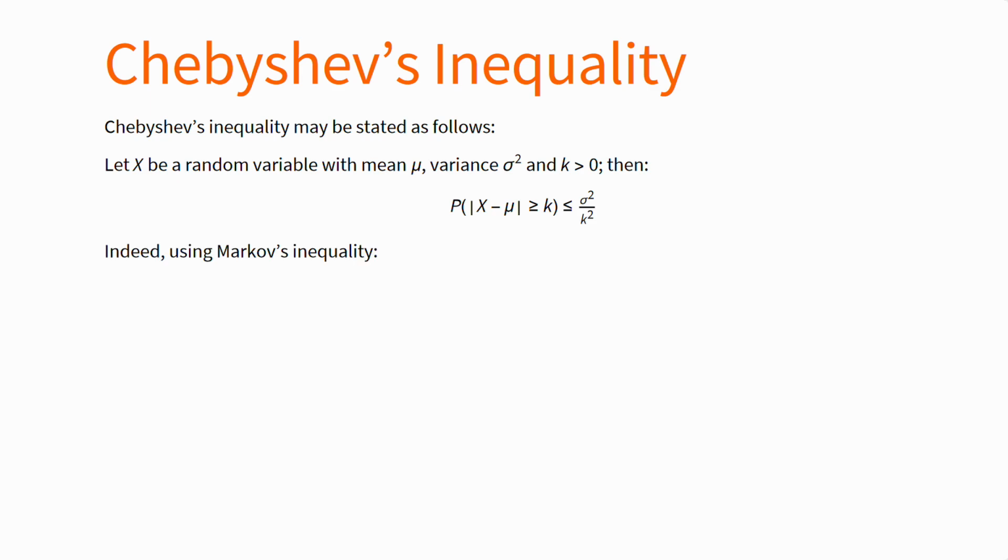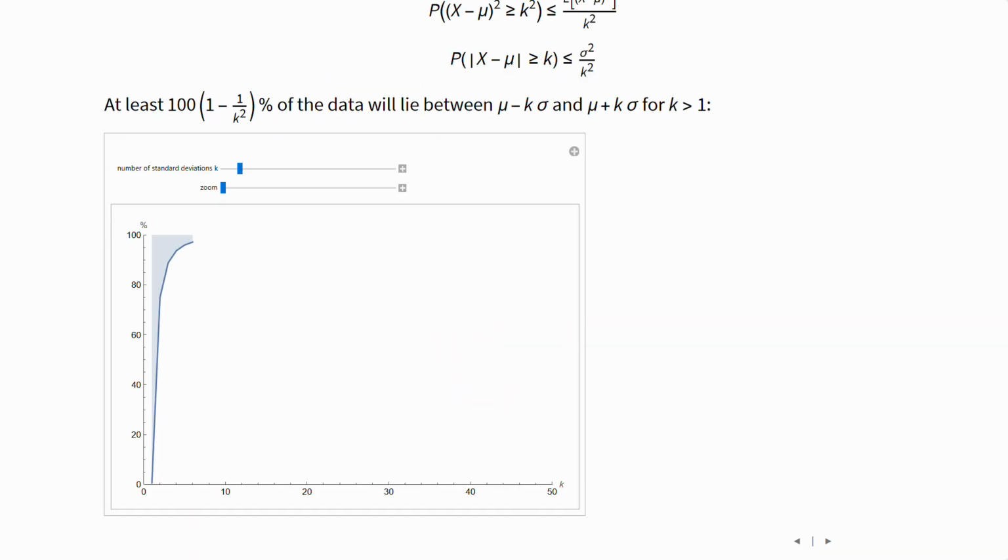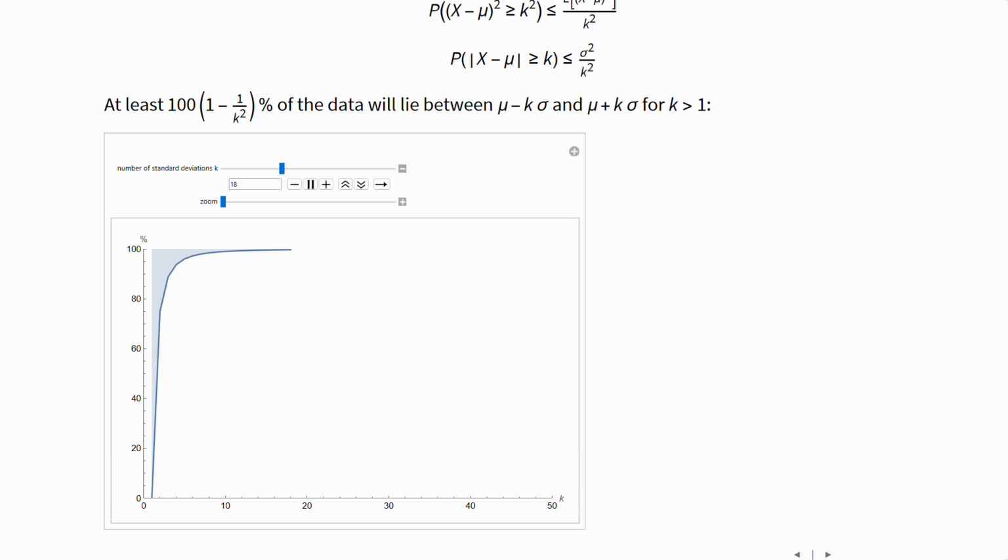This is just a consequence of Markov's inequality, since you can just take the formula, replace x by the squared difference from the mean, and a by k squared. Then simplify the square on the left, and replace sigma by the definition of the variance. And here's the interpretation. At least this percentage of the distribution is at most k standard deviations away from the mean. So this is a form of lower bound.